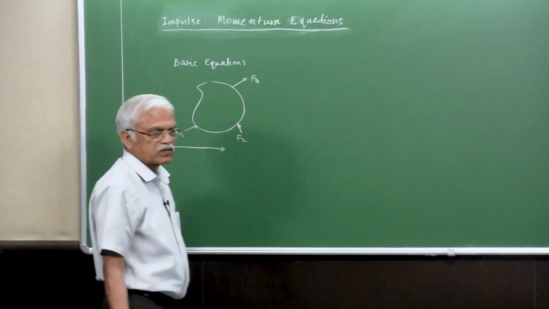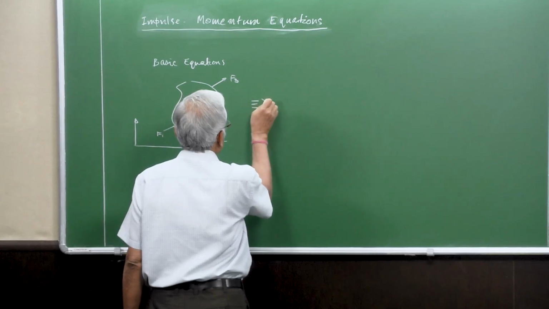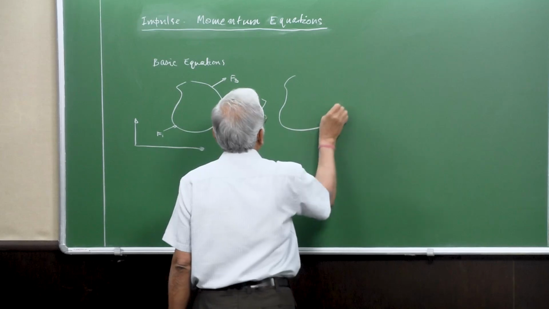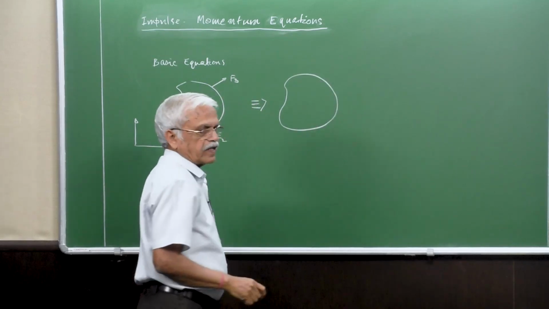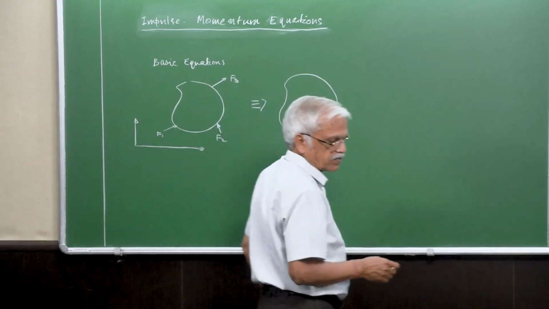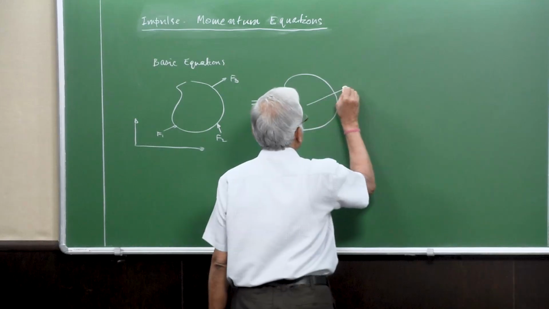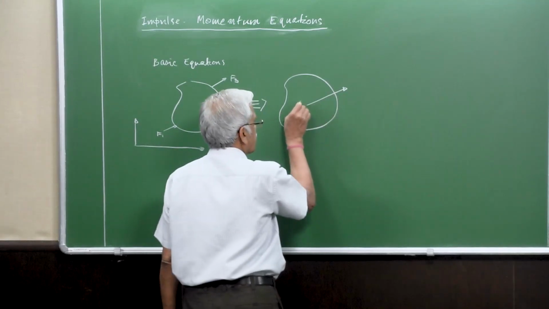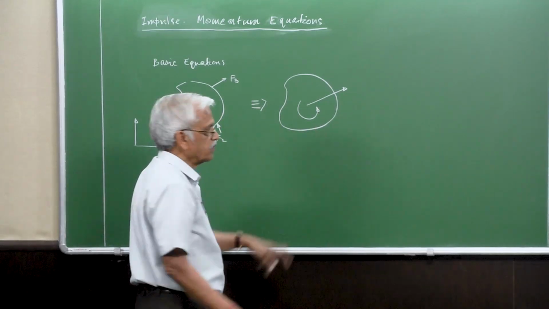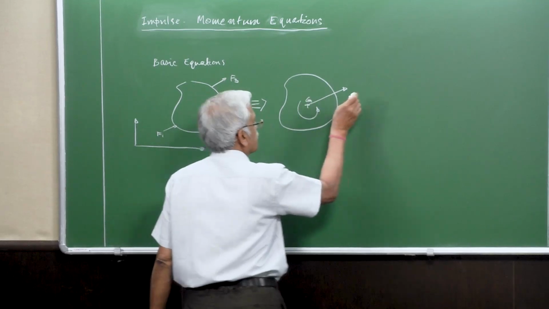The unbalanced forces obviously are going to create motion of the body, which we represent as the mass times acceleration, and the moment of inertia times angular acceleration. So this is the basic equation.